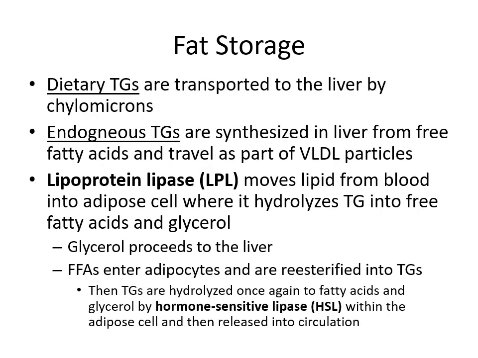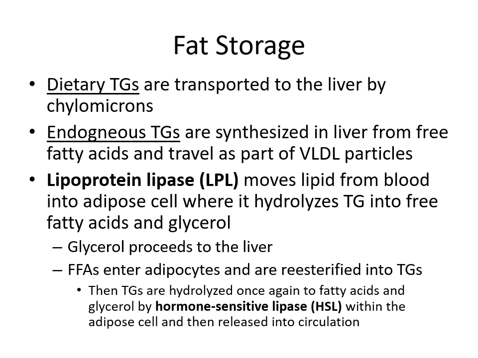Now, dietary triglycerides are transported to the liver by chylomicrons, and endogenous triglycerides are synthesized in the liver from free fatty acids and travel as part of VLDL particles. Lipoprotein lipase, remember this is an enzyme because it ends in -ase, moves lipids from the blood into the adipose cell, where it hydrolyzes triglycerides into free fatty acids and their glycerol backbone.